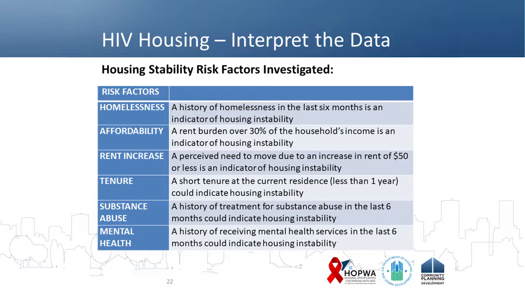This table is just, it's a story, right? So there's 6 risk factors on the left-hand column: homelessness, affordability, rent increase, tenure, substance abuse, and mental health. And on the right-hand side are some ideas about what kinds of questions or what you would look to examine these risk factors.